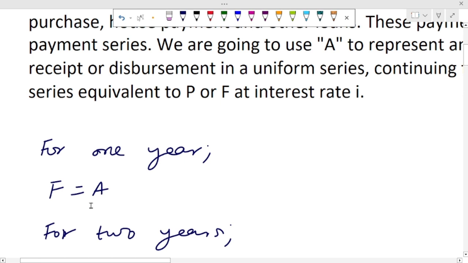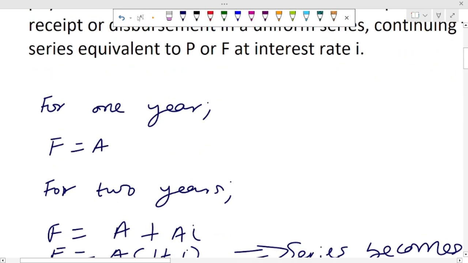So if it's just 1 year and you are paying yearly, that means at the end of the year you are paying this amount. Meanwhile, this F is also the future sum. That means F will be equal to A.